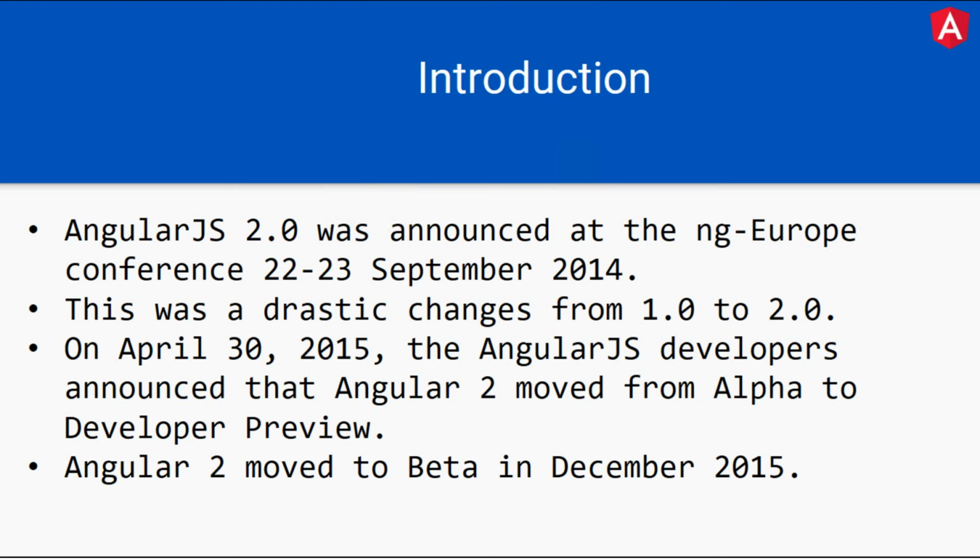The surprising part is that Angular was written in TypeScript. But I also got to know that while I was studying this. On April 30, 2015, they moved Angular 2 from alpha to developer preview, and they moved to beta in December 2015.